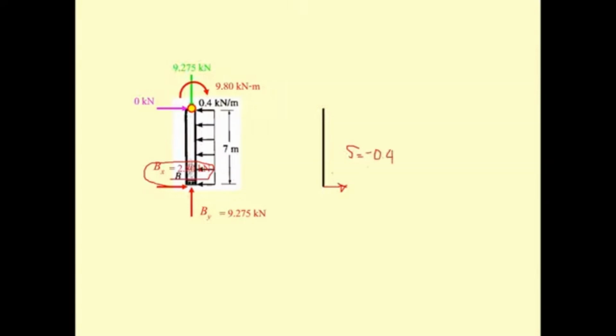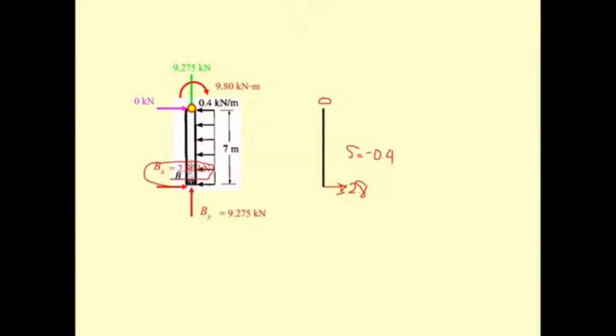Okay, so the graph here is supposed to be like this. And since the shear is 0, since the shear is 0 here, this is 0, that is going to be 2.8 and is negative. Okay, negative.